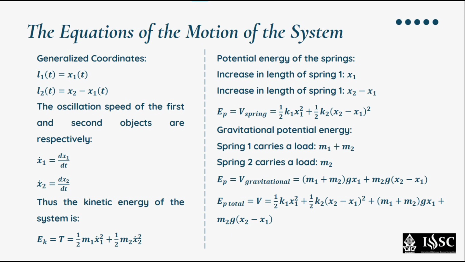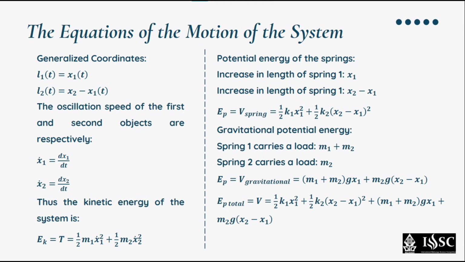Potential energy of the spring: increase in length of spring 1 is x1, increase in length of spring 2 is x2 minus x1. V spring equals half k1 x1 squared plus half k2 (x2 minus x1) squared.